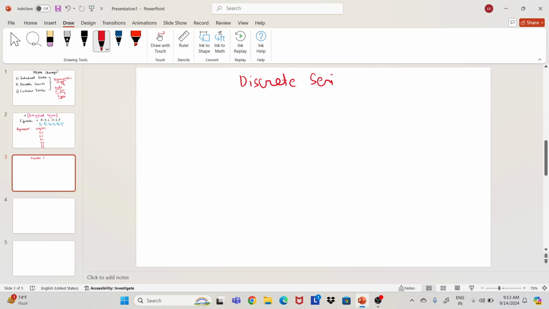Now, what does discrete series actually mean? Again, I assign you the same task: you need to go and ask 10 of your friends what their weight is.